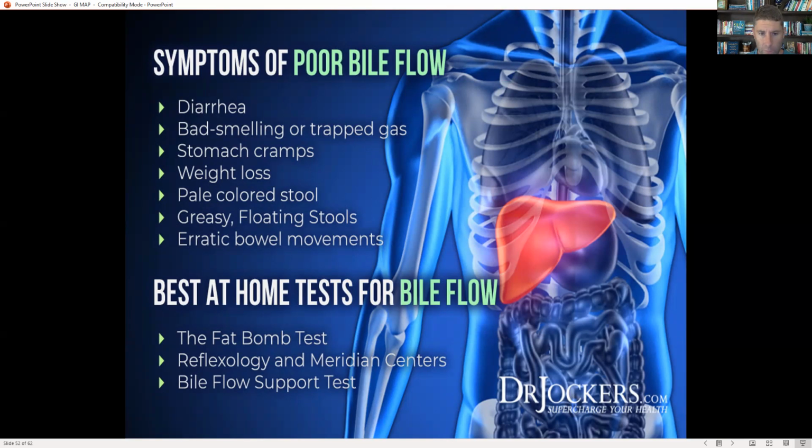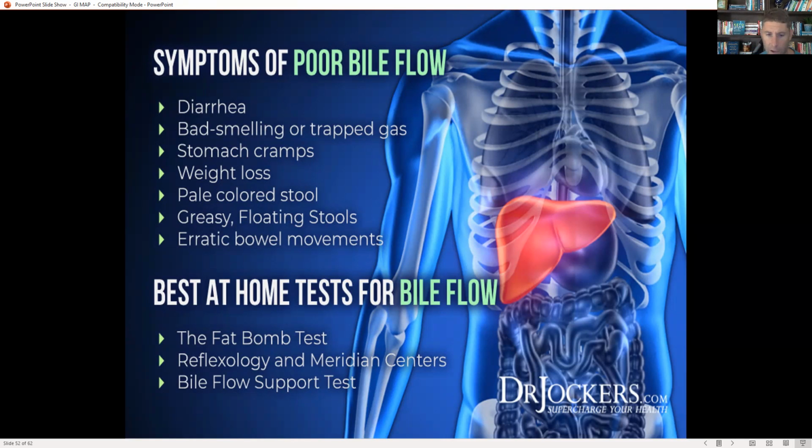If you have greasy or floating stools, that can be an issue. Very erratic bowel movements. Maybe if you take a fish oil supplement or cod liver oil and you're burping it up, that's a sign of poor bile flow. For example, you could also have referral pain in your right side, your right shoulder blade area. If you're having a lot of referral pain right in that area, that could be a liver gallbladder issue.